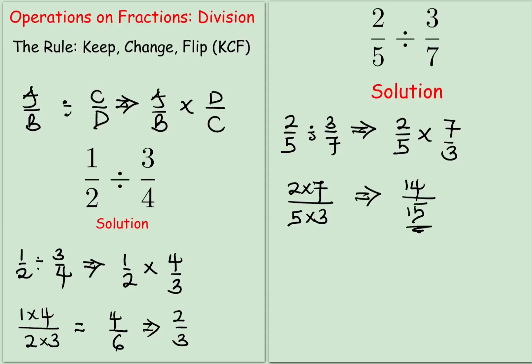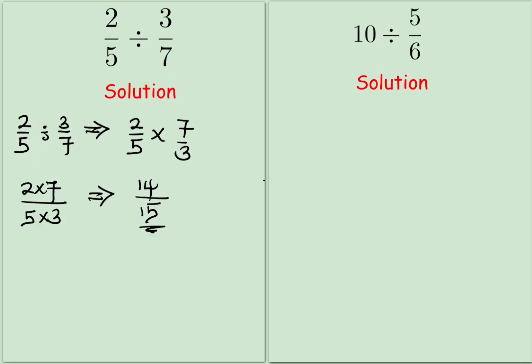Now, what if you have a whole number and you are dividing it by a fraction? What does it become? For such an example, let's take 10 divided by 5 over 6. You have to take note that whenever you have a whole number, we always have a denominator of 1 with it.